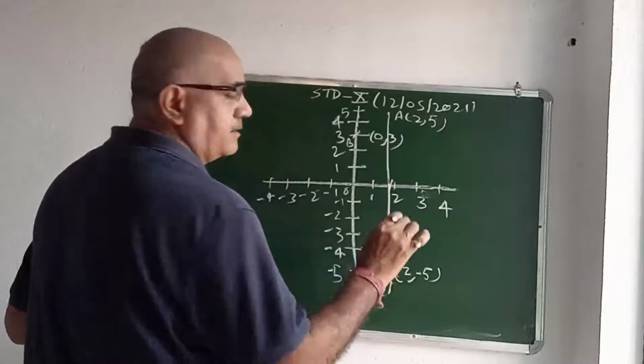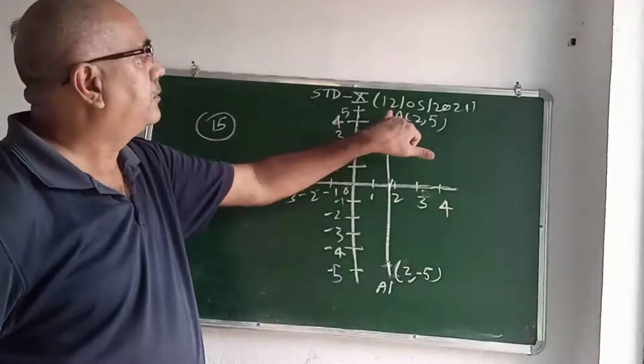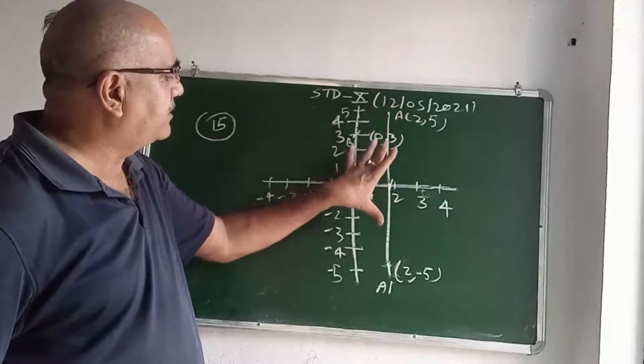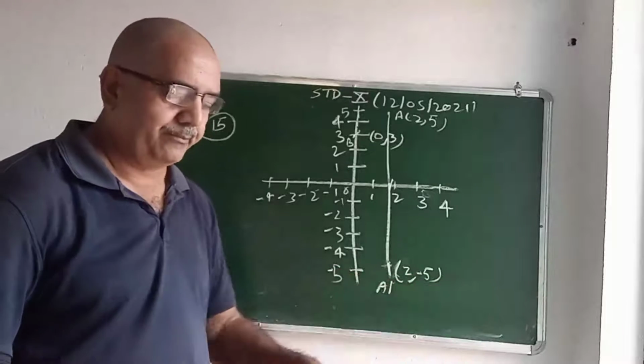This is A dash. So for A, this is the object distance and this is the image distance. So what is the coordinate of A dash?